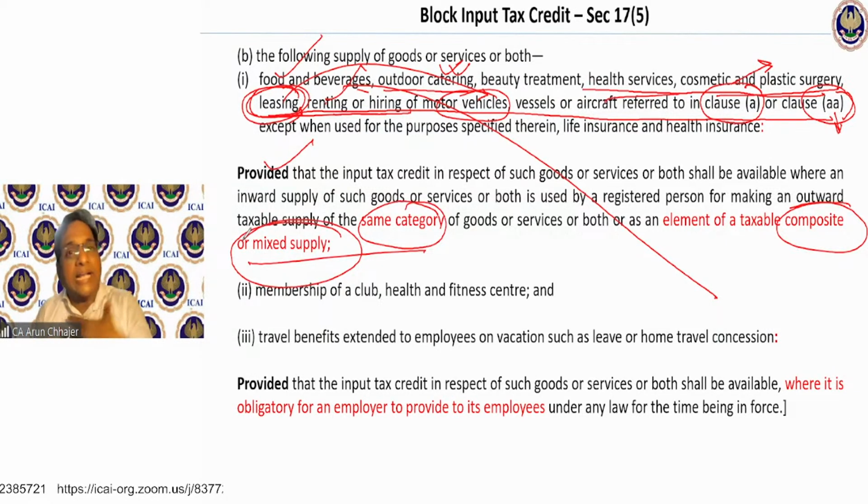Let's say my company has a contract with you, and you have an airline company.